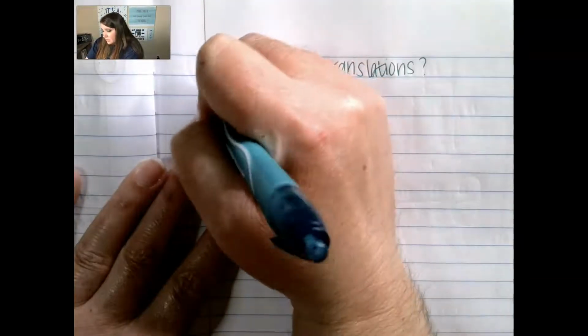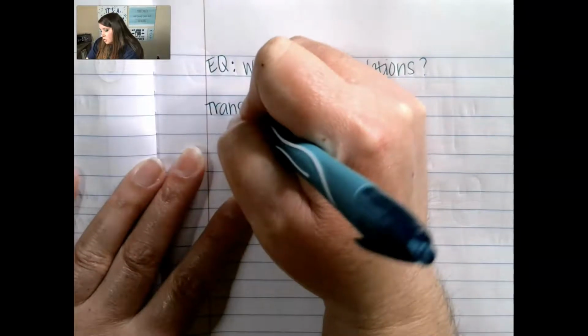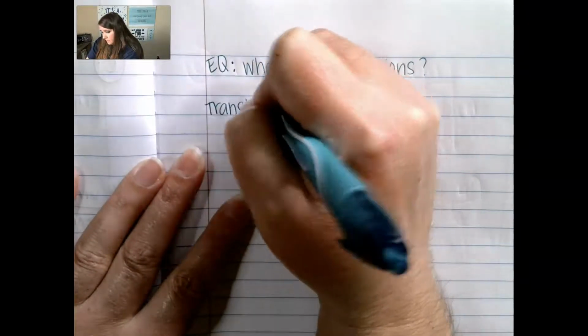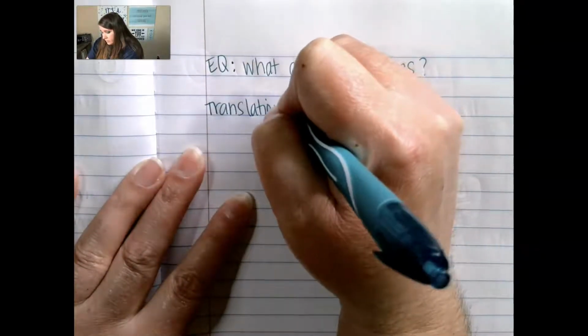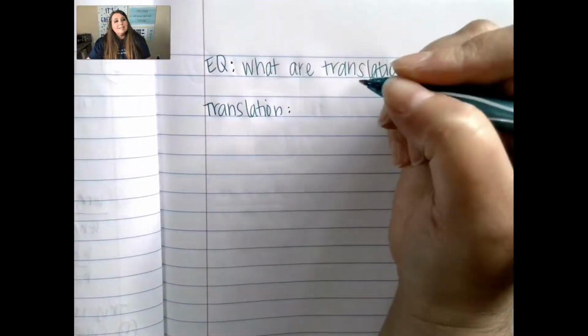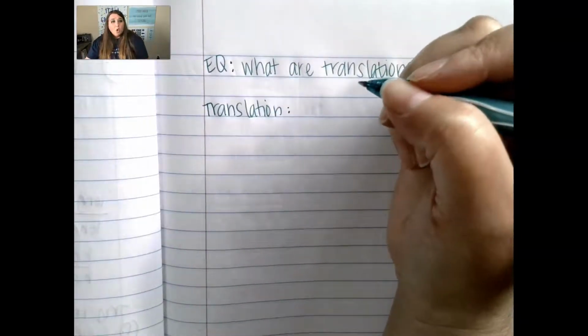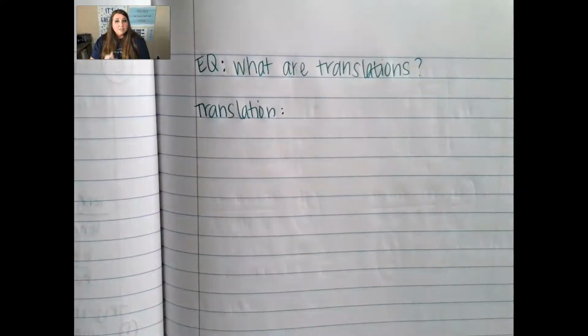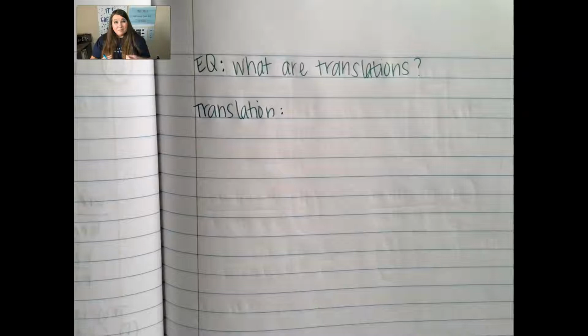And so a translation is a type of change. A translation is a type of transformation where a figure slides from one place to another. It stays the same direction, same shape, same everything, except it just moves from one place to another.